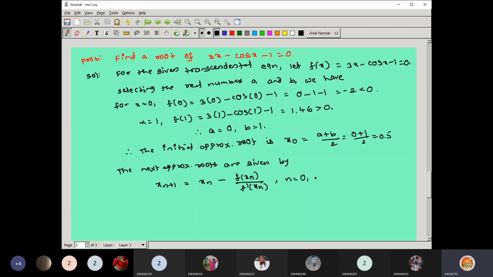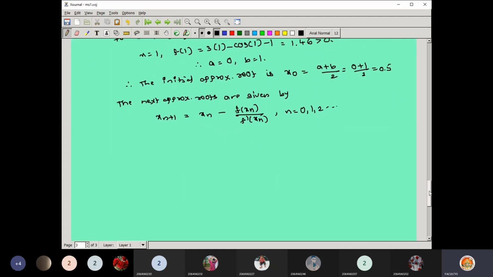Here n takes the values 0, 1, 2 and so on. Now you substitute the values and simplify. You find the derivative of the given function as it is, with x replaced by x n: 3 x n minus cos x n minus 1.